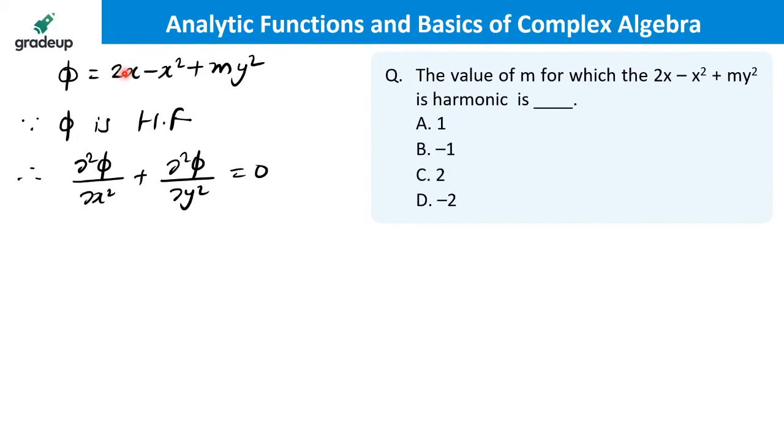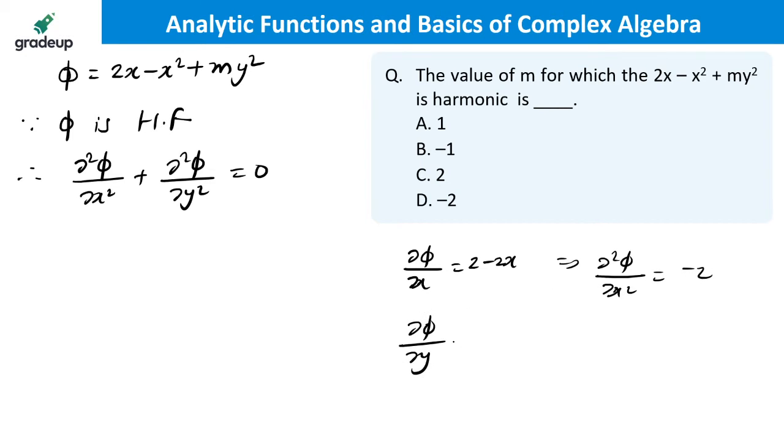First we will find del phi by del x. So del phi by del x will be 2 minus 2x and del square phi by del x square will be minus 2.